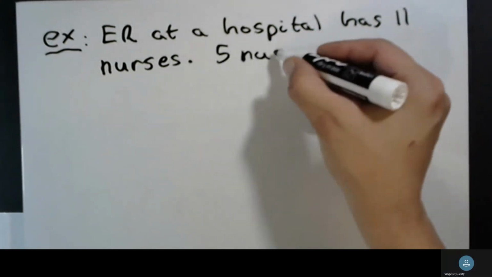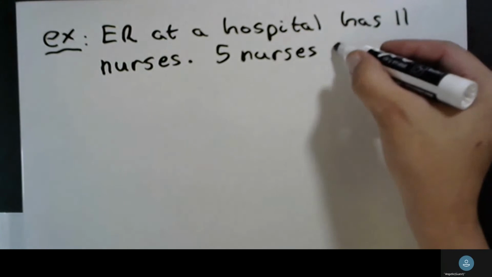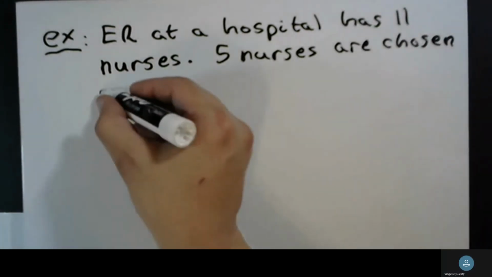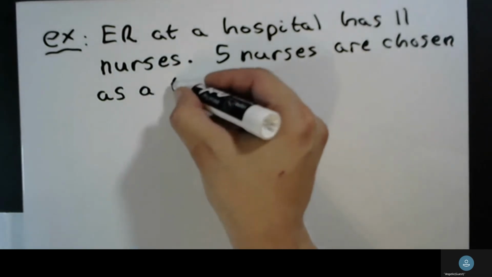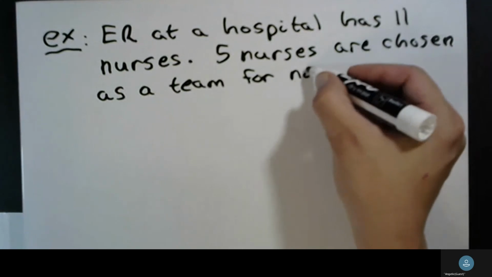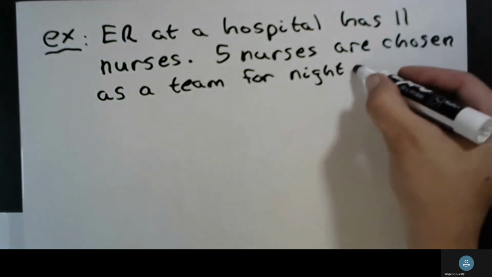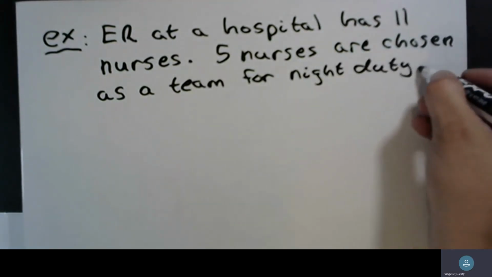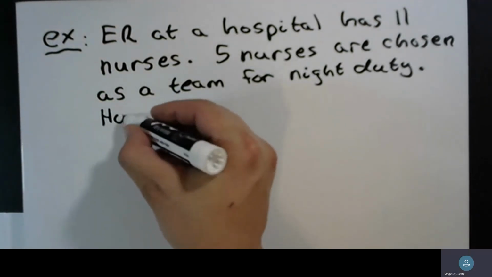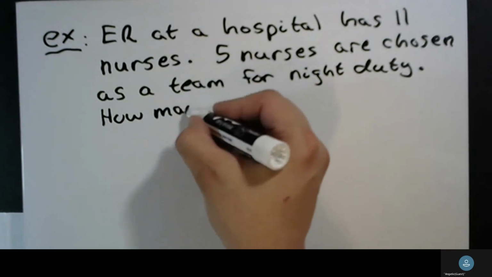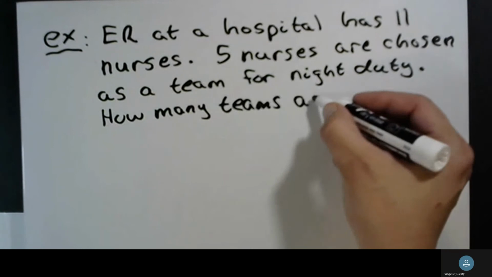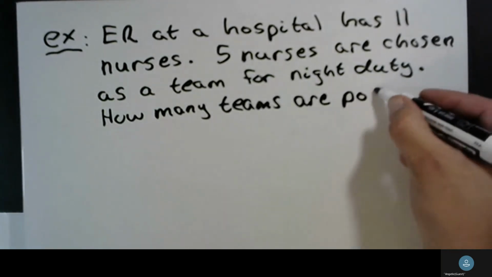Five nurses are chosen as a team for night duty. How many teams are possible?